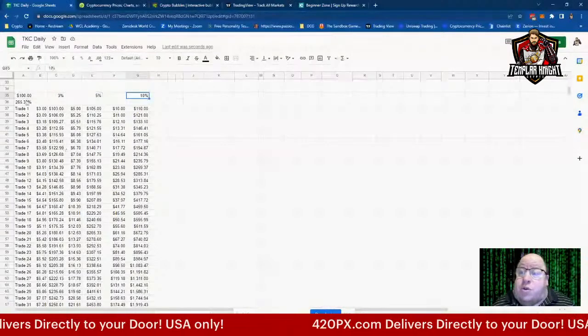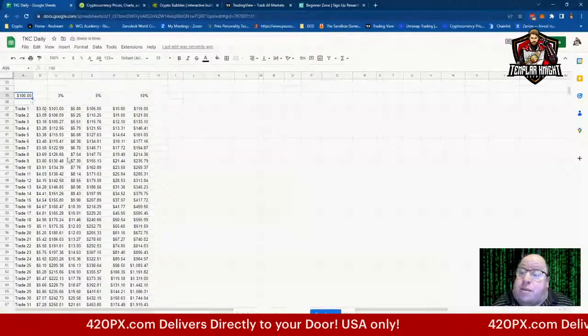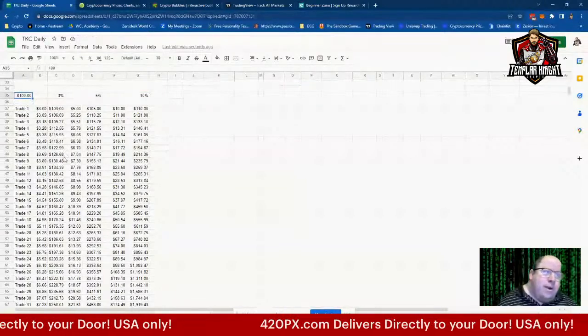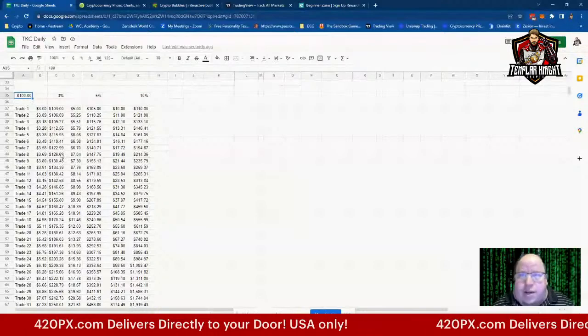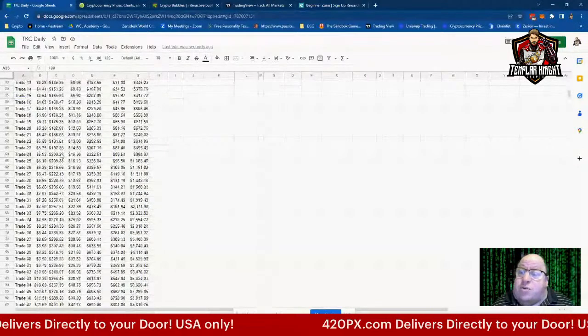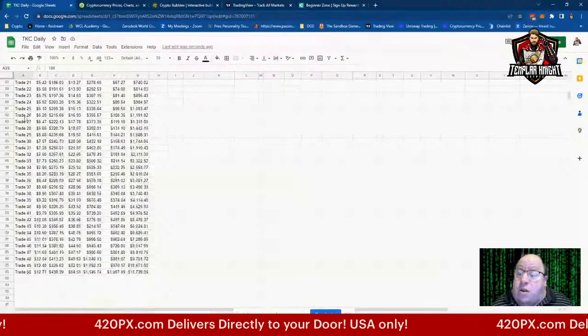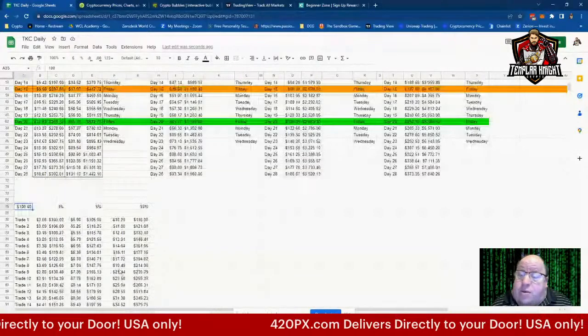We know that if we start at just $100 per month, again, I'm going to be starting this out. I'll know my starting balance here before I start trading, what I will have available on KuCoin, and then we have up to 50 trades, and the values that we can expect.